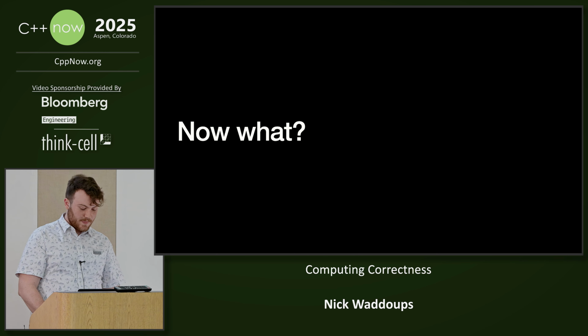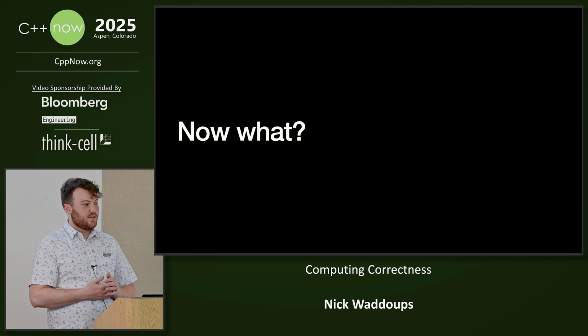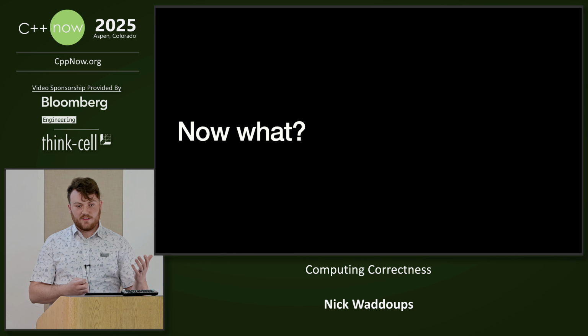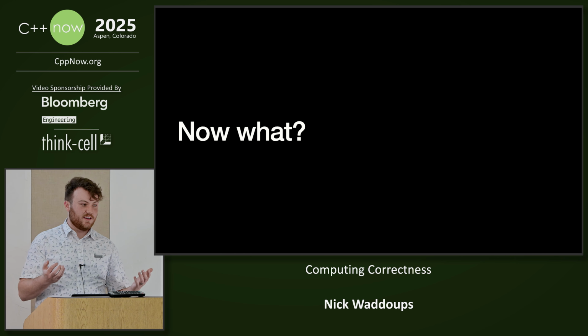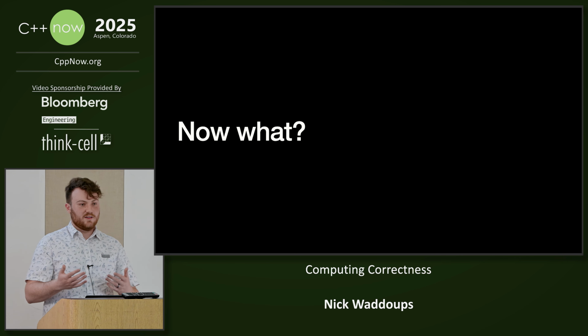So the second thing is that we can learn from formal methods to write better C++ code. Just like the model checker deals with state explosion, we also sometimes deal with state explosion when we're trying to reason about our code, when we're just working through it in our mind. So something we can do is introduce constrained types or behaviors into our code bases in order to make it easier to reason about.